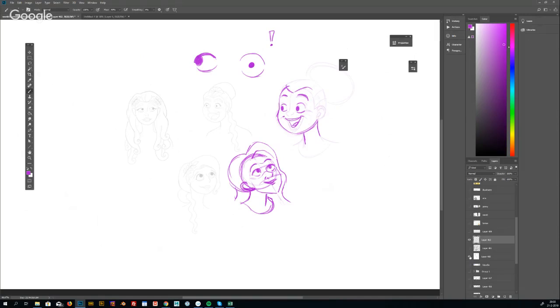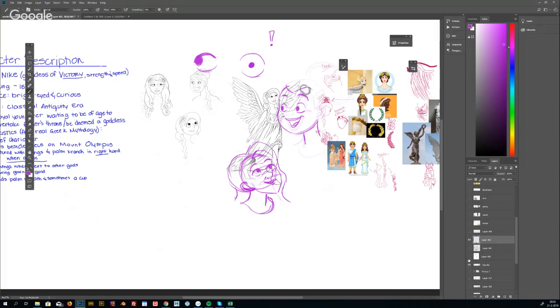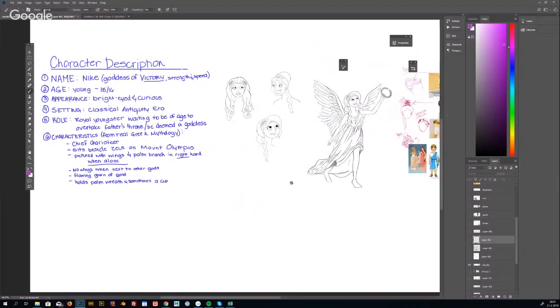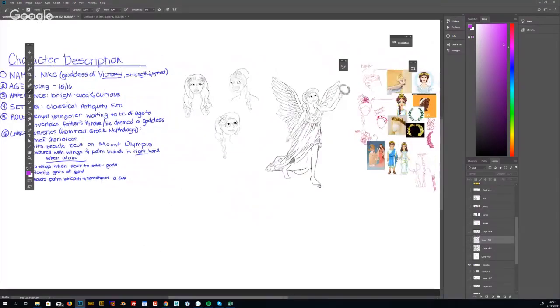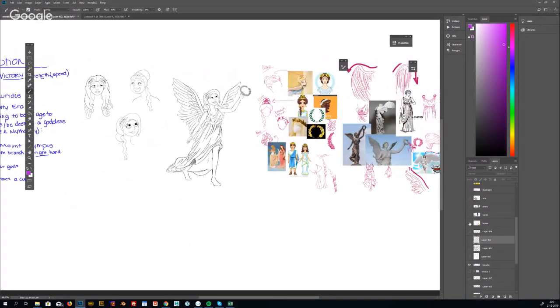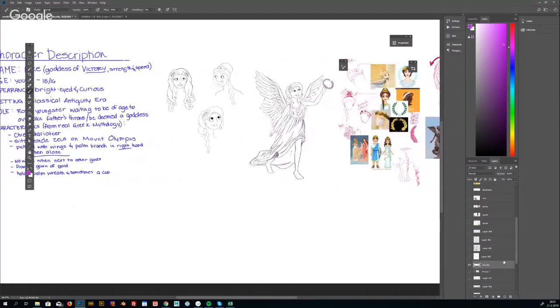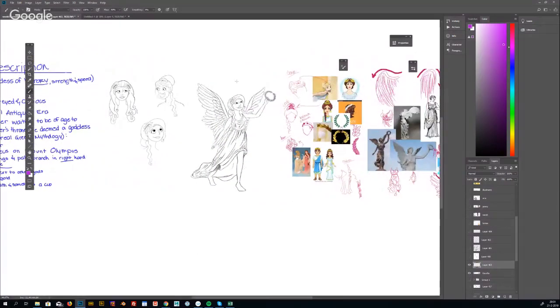So great. Let's take a look at a bit of the story. Royal youngster waiting to be aged to have taken father's throne. Yeah, so it's really a princess. So maybe for the next homework lesson, think a bit about what kind of poses would fit her.